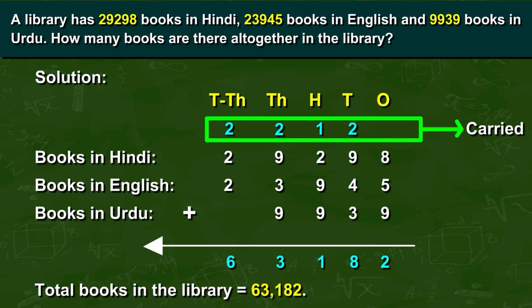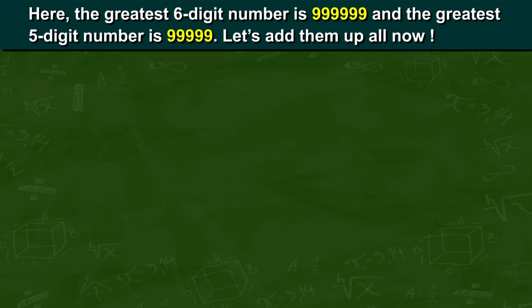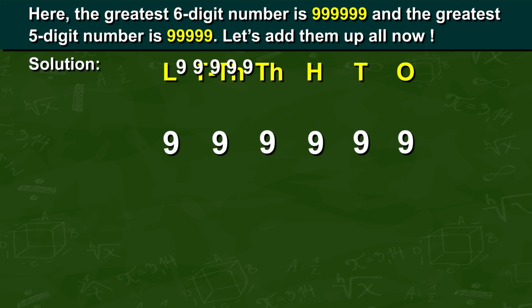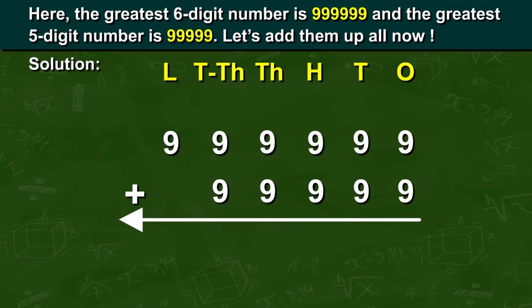63,182. Here, the greatest 6-digit number is 9,99,999. And the greatest 5-digit number is 99,999. Let's add them up all now. The numbers are organized in columns on the board.